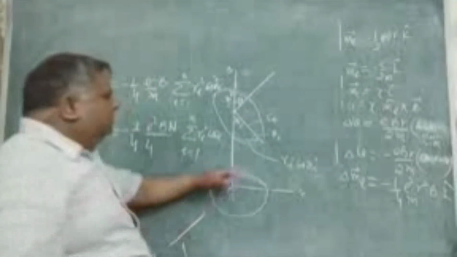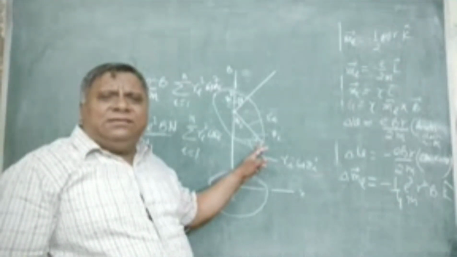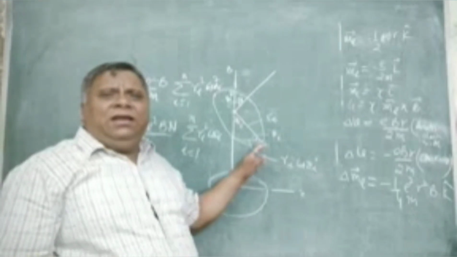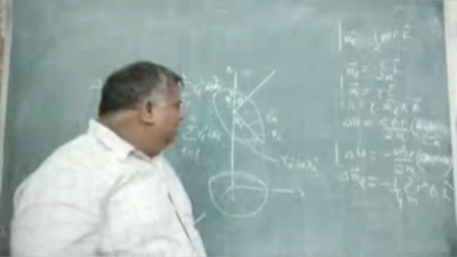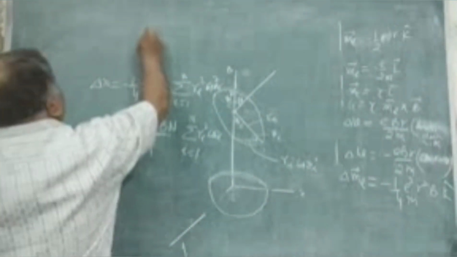Suppose the coordinates of this point are x, y, z or xi, yi, zi. So obviously we have this type of relation.